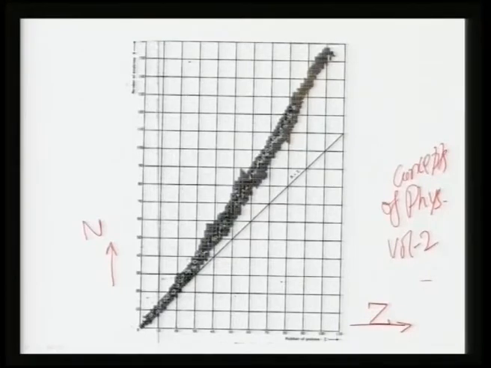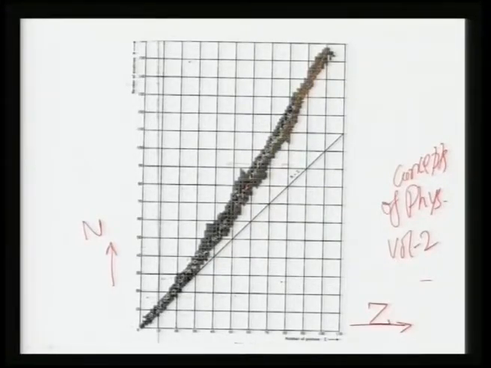One which I have drawn white, it is more dark in the original figure, and other where you have gray or whitish. So, the middle one, this corresponds to what you call stable nuclei. This is the stable nuclei line, and then on the two sides you have unstable nuclei.